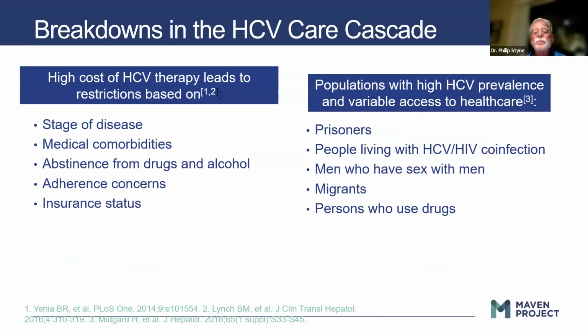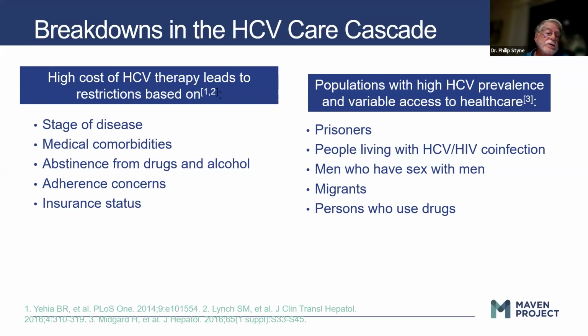So again, this is the idea that there are stages of this disease, and the importance of knowing about comorbidities. There are, in some cases, in some states, resistance to treat patients who have active drug or alcohol problems.